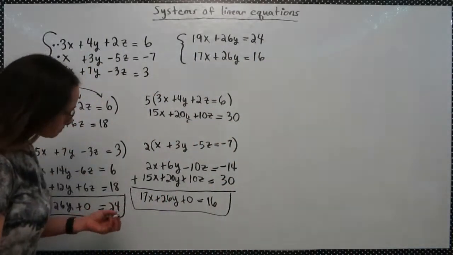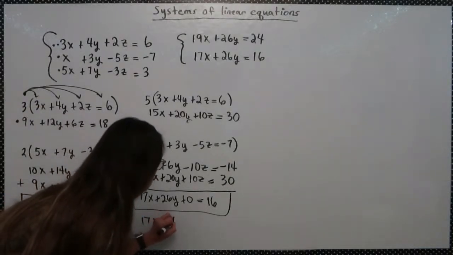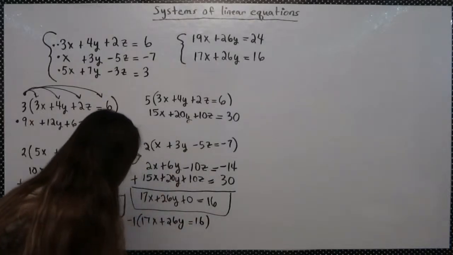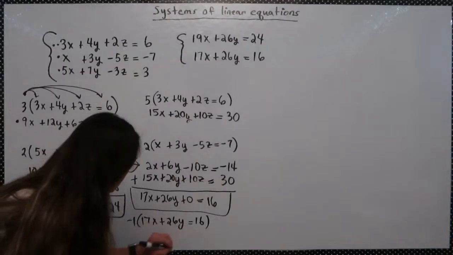All right. So if I take 17x plus 26y equals 16, and I multiply that by -1, then I'm essentially just making all my terms negative.